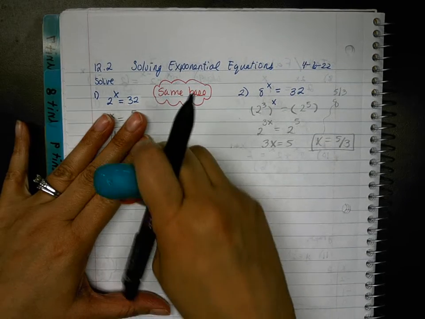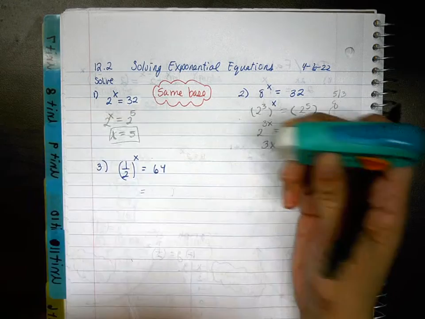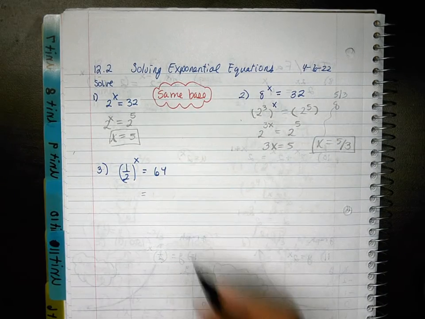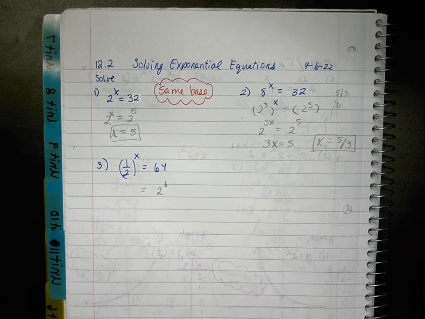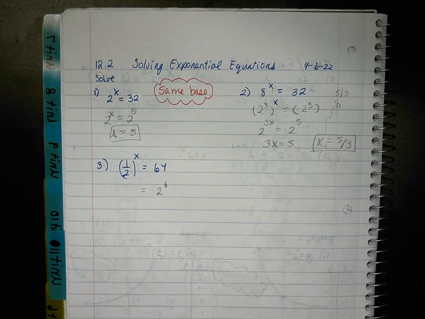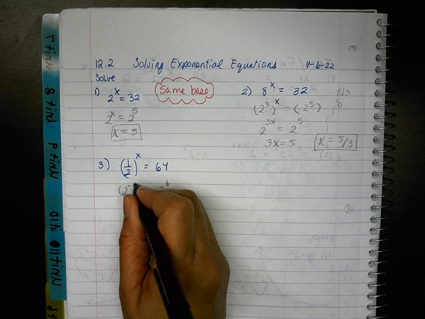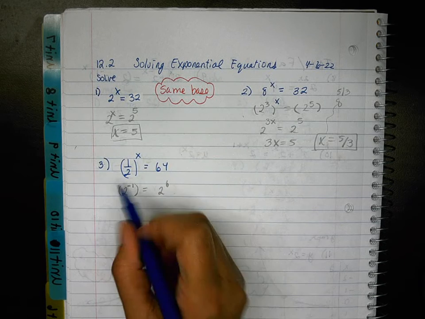I'm going to just erase the parentheses. 2 to the 5th is 32. So 2 to the what would you think is 2 to the 6th? And then 2 to the what power would be 1/2? 2 to the -1. And then it's still raised to the x power.